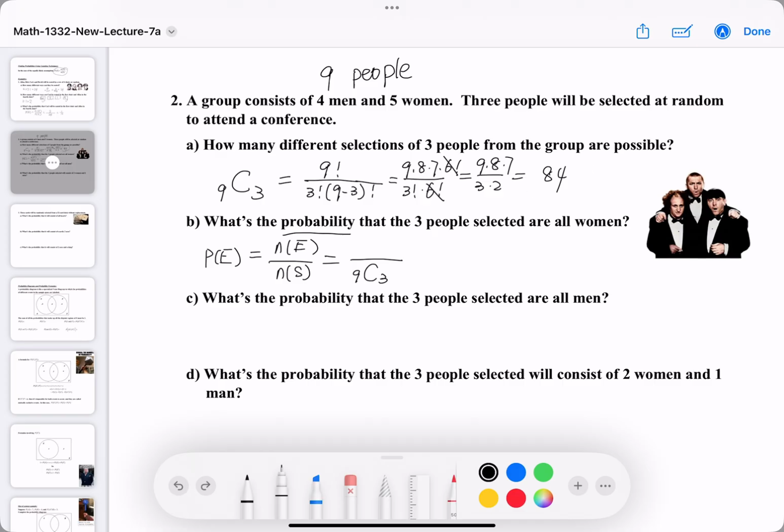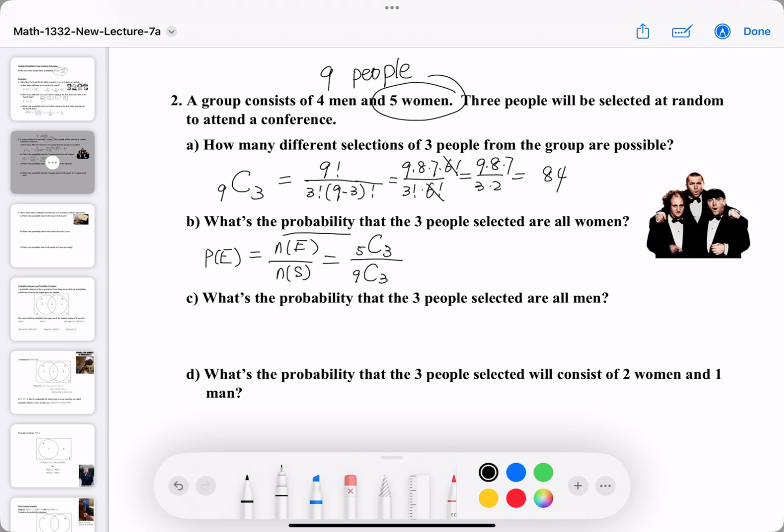And on the top, what is the event? We are selecting 3 people, and they all come from the women. So totally we have 5 women, and we are going to choose 3 from 5. 5C3.